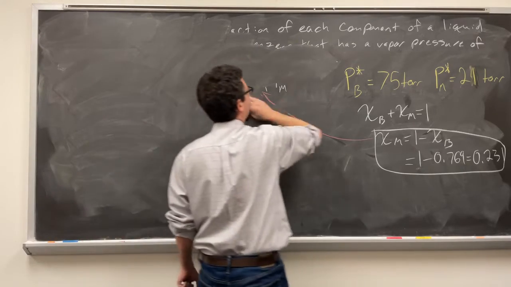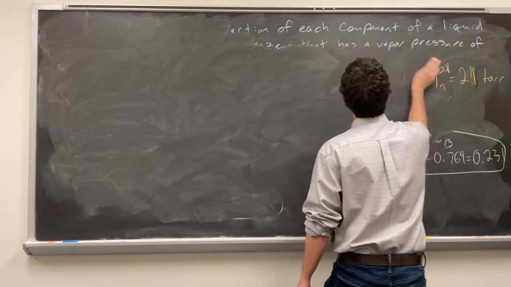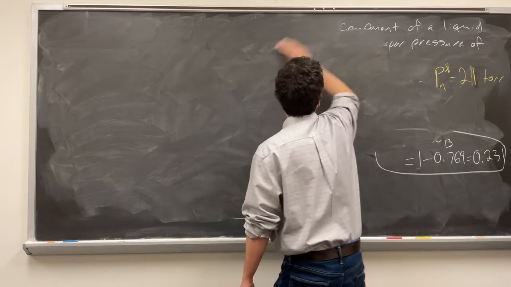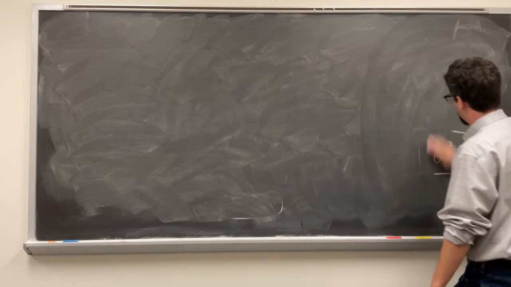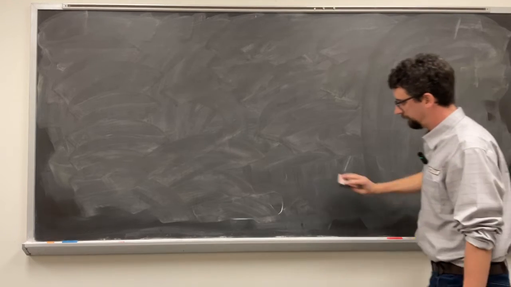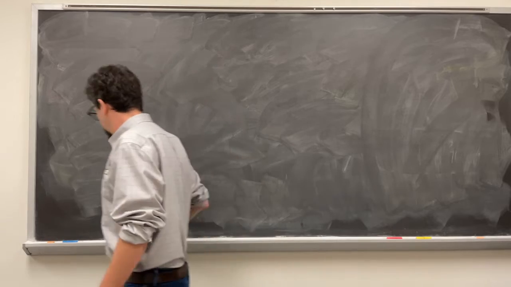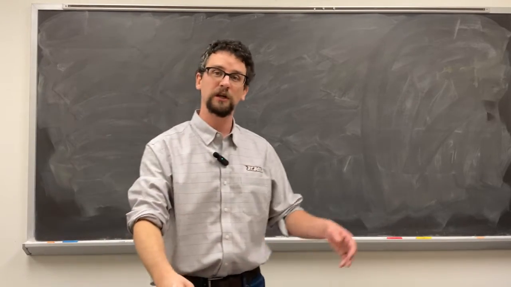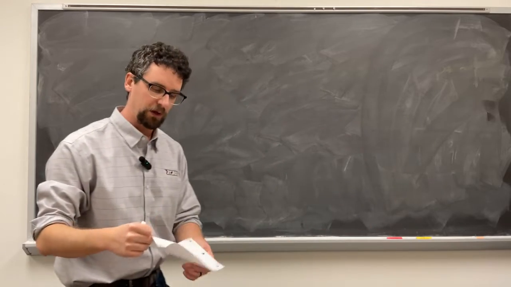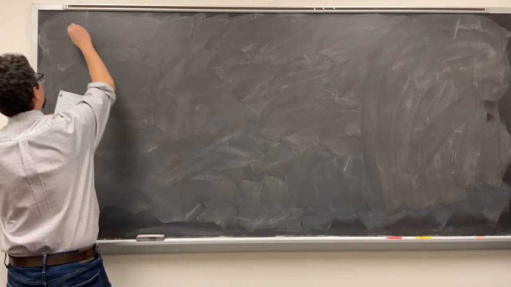But it's going to operate under similar principles where we're keeping track of a binary mixture. We may know the vapor pressure of the liquid, and we can figure out the composition of not only the liquid, but also the gas.